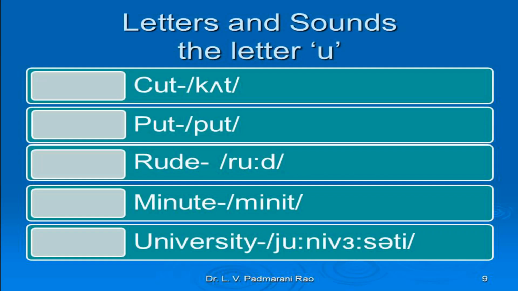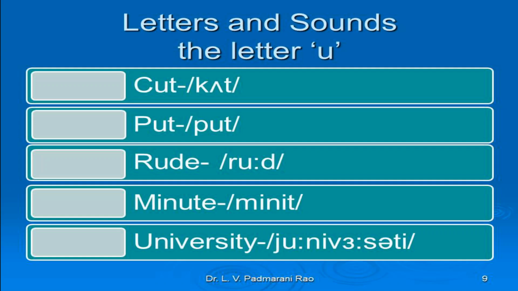Not only the consonants, but you could also find variation in the letters and sounds with the vowels. In this slide, I have given you examples for the letter U. C-U-T. The letter U is pronounced as in cut. But look at the second example, P-U-T. It is not put as in cut, but put. R-U-D-E.